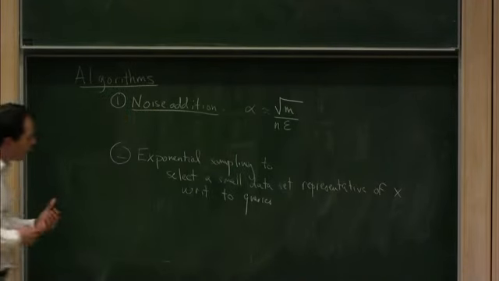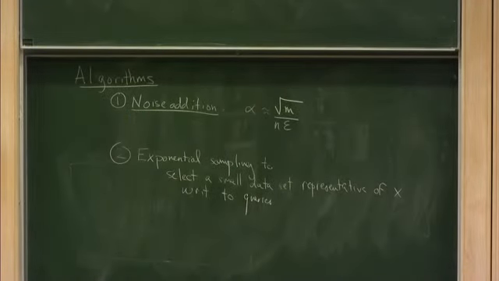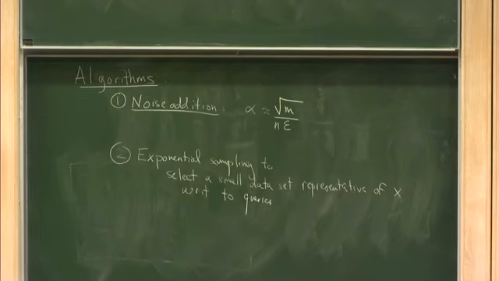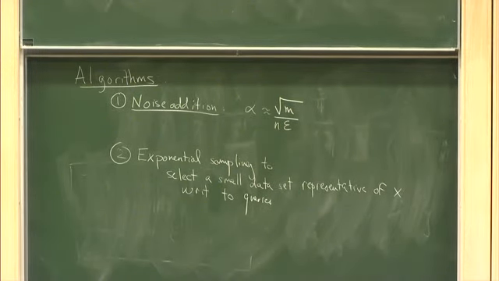I won't go through the details, but the idea is I'm going to use this exponential sampling method to select a synthetic data set. So I'm going to select a small data set.